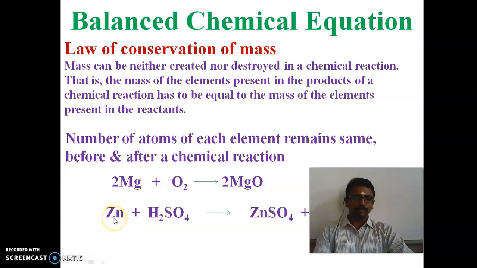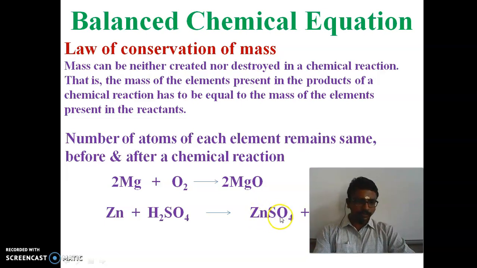Here zinc plus H2SO4. What is meant by H2SO4, dear children? H2SO4 means sulfuric acid. Zinc plus sulfuric acid is the reactant. It will give ZnSO4.